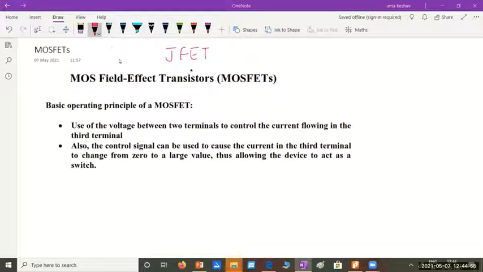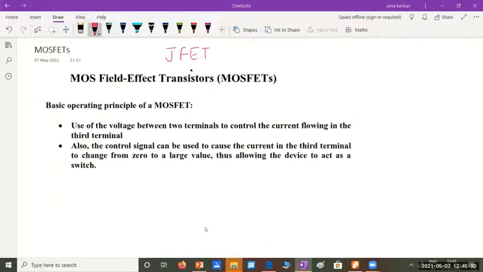And the advantage of it being voltage control device is that it has a very high input resistance, which will be very useful in avoiding loading effect in amplifiers. So FETs have a very, very high input resistance. Please remember. Okay. And another advantage here is the control signal can be used to cause the current flowing in the third terminal to change from 0 to maximum value.